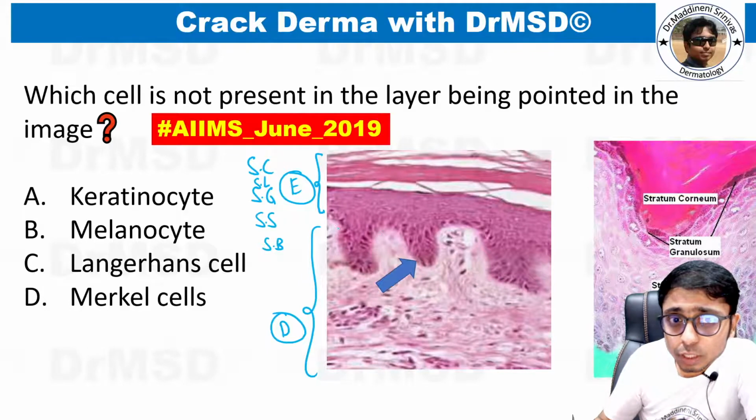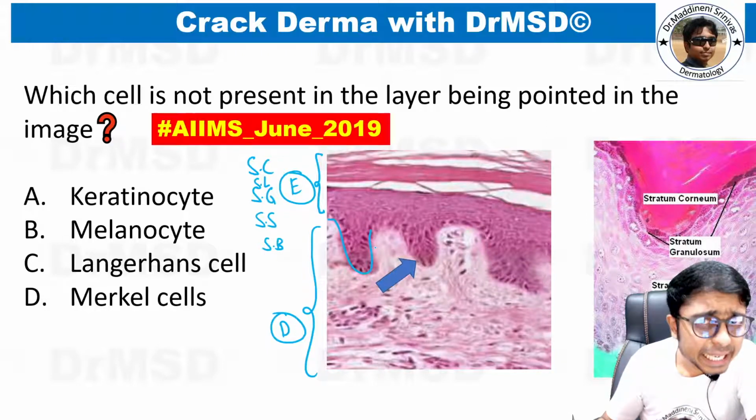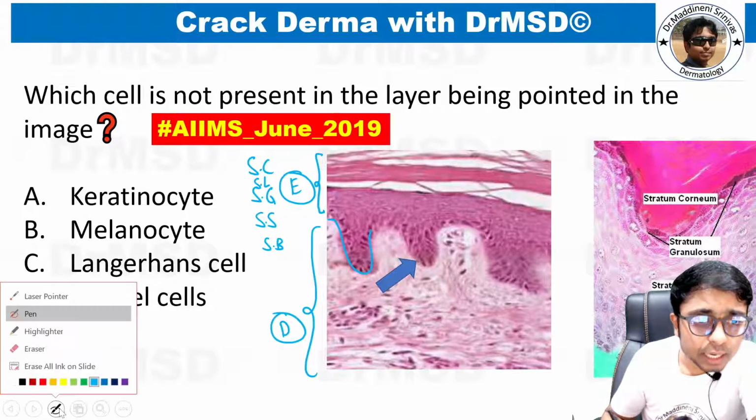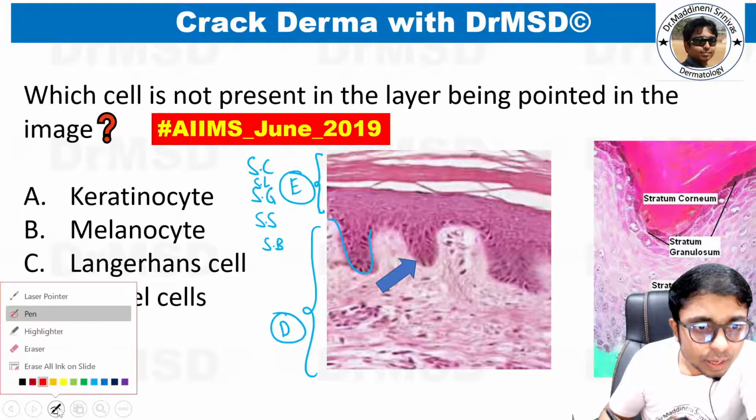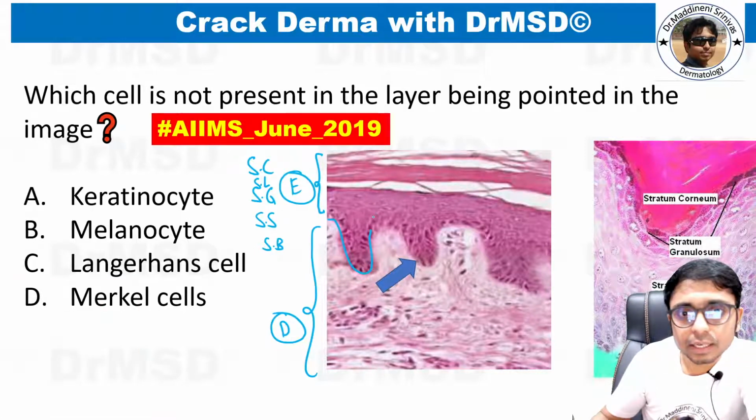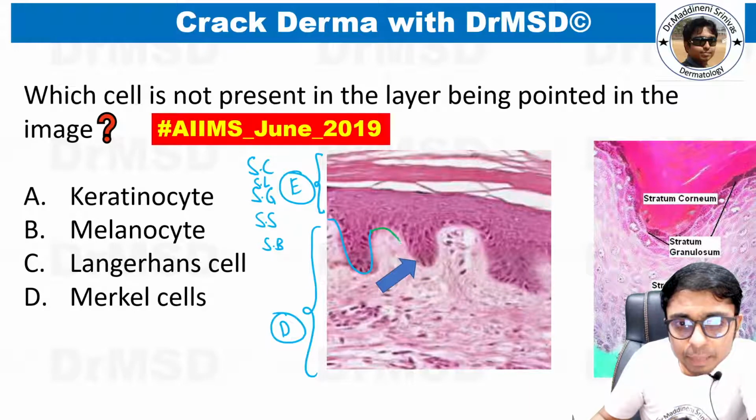The arrow is pointing towards a structure. These are the rete ridges, which I marked with the blue color. And these I will mark with green color. These are the dermal papillae.